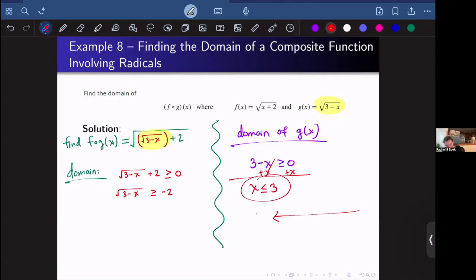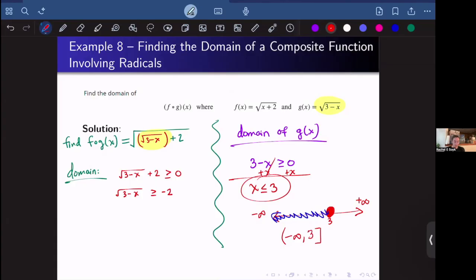So from a number line perspective, we have a filled in circle, and we're shading all values to the left. In interval notation, this just looks like negative infinity, comma, 3, hard bracket.